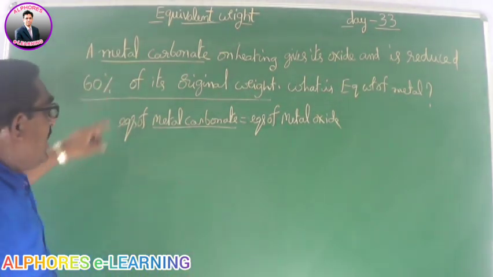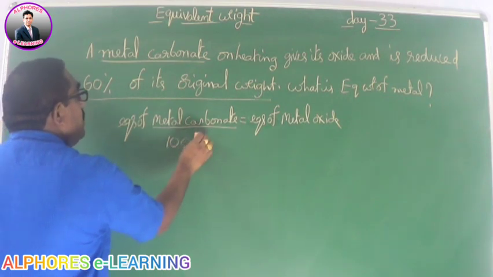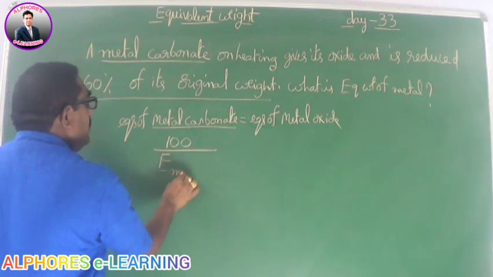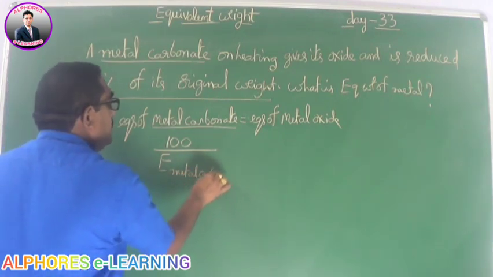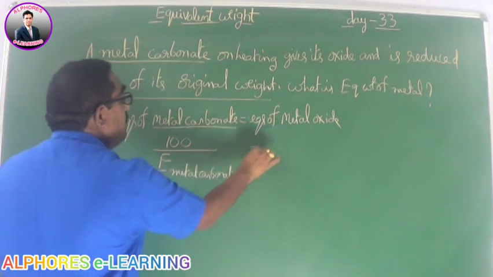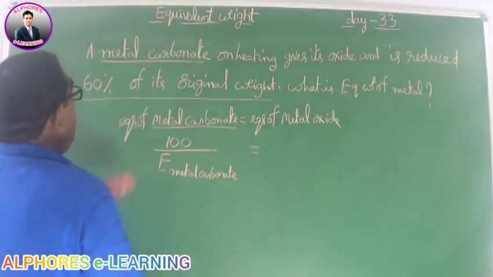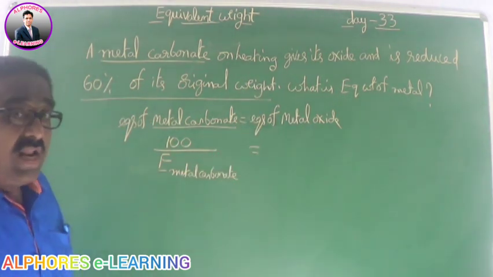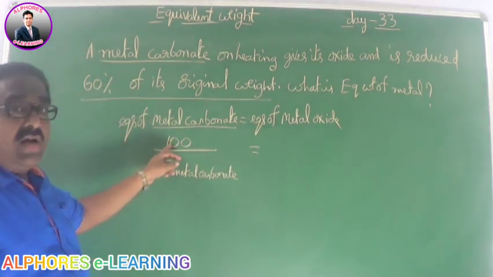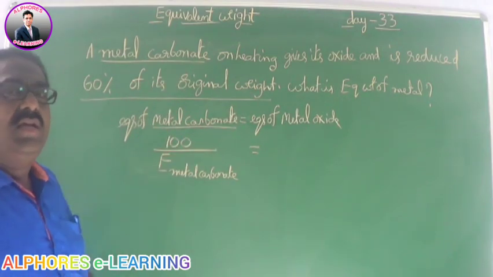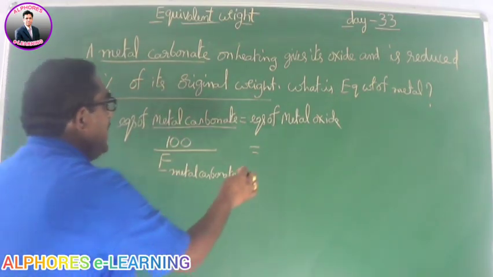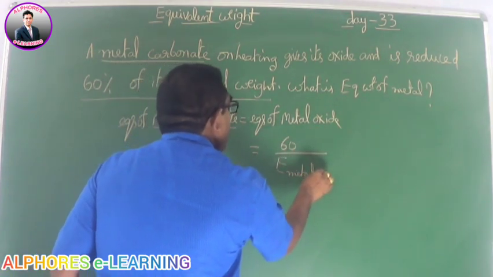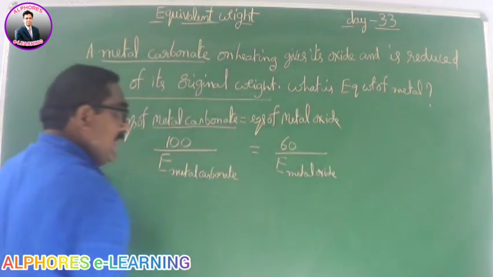So I will start with 100 grams here. So 100 divided by equivalent weight of metal carbonate. Next step I will split. Here it is finally left with 60% of original, means if you start with 100, it will be left with oxide as only 60. It means indirectly he has given the weight of oxide, 60 divided by equivalent weight of metal oxide.